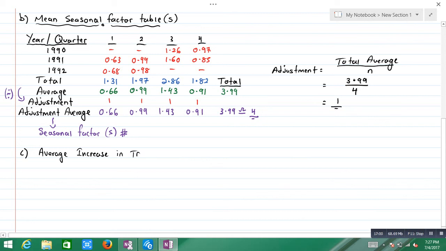Are you okay? So did you see which one is different? Okay, just remember that part. The others are the same for both methods.